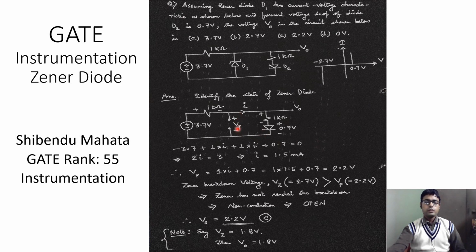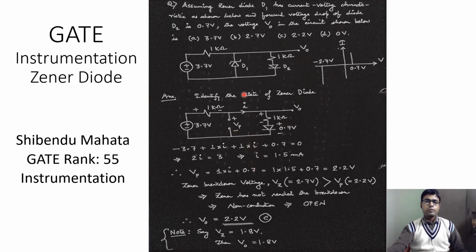Now what about Vp? Vp is the voltage drop across this connection, because these are connected in parallel, so we can write Vp as i multiplied by 1 kilo ohm plus 0.7 volt. So Vp is equal to 1.5 into 1 kilo ohm, where 1.5 is in milliamperes, plus 0.7 volt, and this is equal to 2.2 volt. So the voltage across this open-circuited terminal is 2.2 volt.